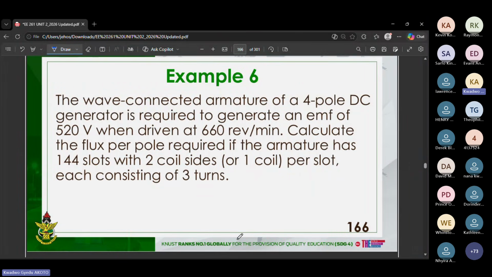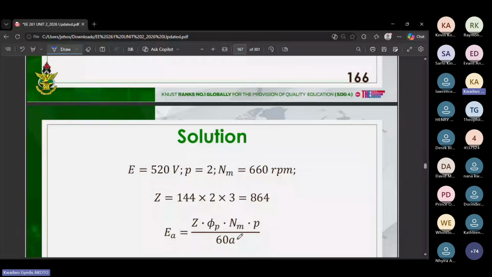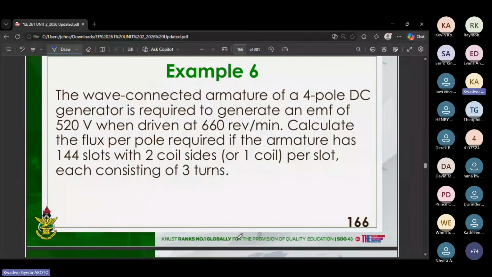Okay, so example 6 is also another very straightforward one. Everything has been given. The only thing is that we have 144 slots, 2 coil sides per slot, 310. So that is going to be coil sides per slot.